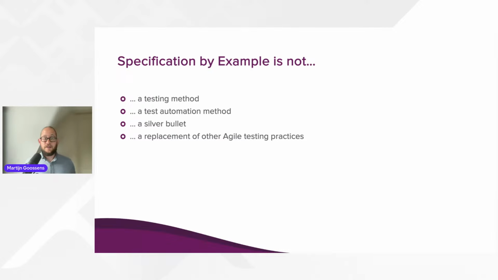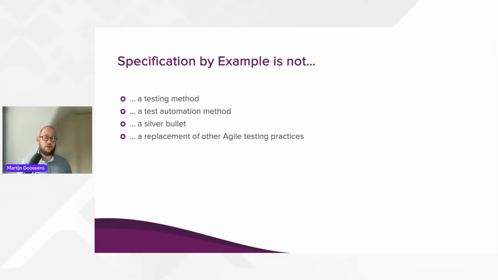It's also not a test automation method. Just like Gherkin and Cucumber are not test automation methods, it will help you enhance and improve your test automation because you better understand what we are testing and what quality means to whatever we're building. But it's not a method to do your test automation. I already mentioned it's not going to solve all your problems, but it's going to eliminate some.